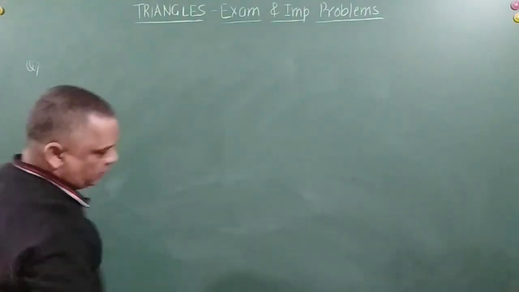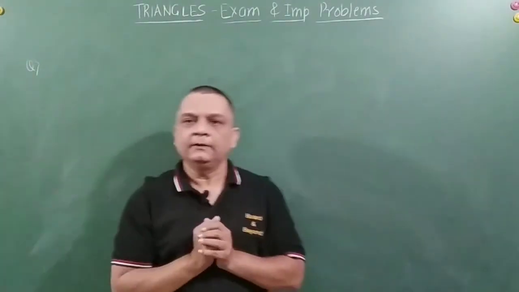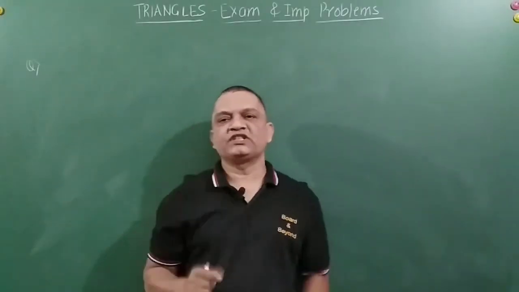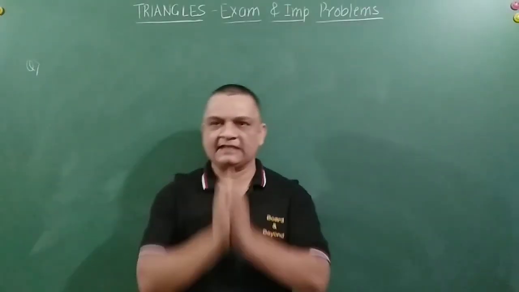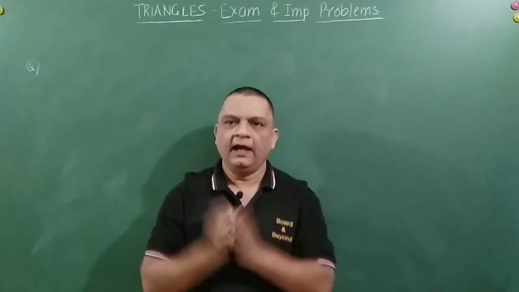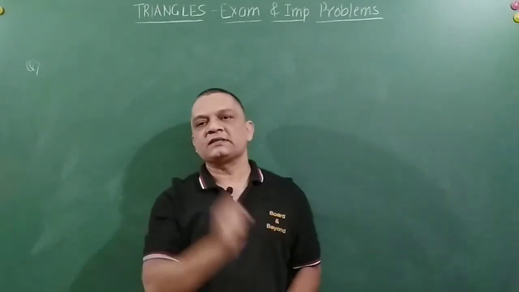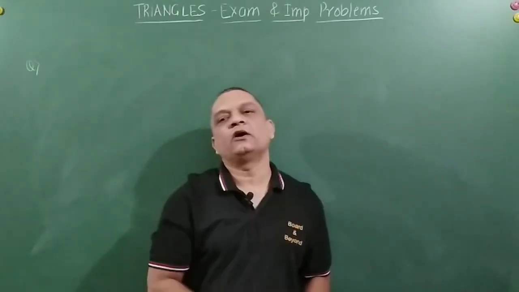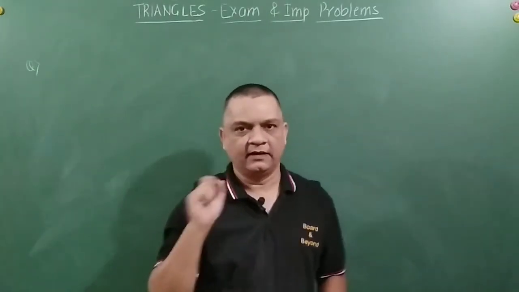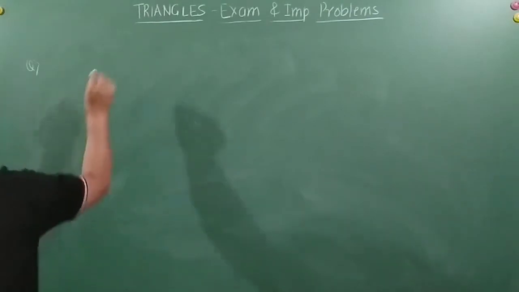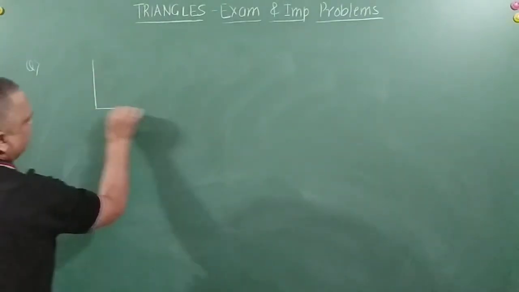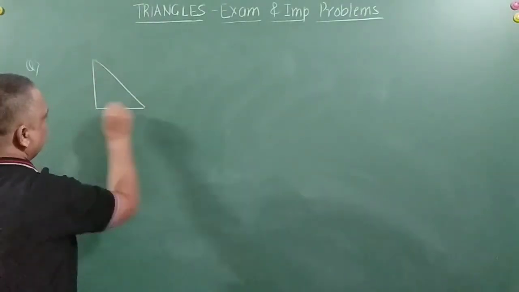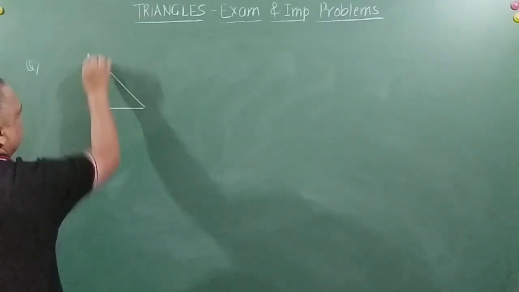There is a right angle triangle in which the perimeter is given to us as 60 centimeters and its hypotenuse is given to us as 25 centimeters. We are expected to find the area of that triangle. Let's do it. I'll make a right angle triangle here, right angle at this point, let us say ABC.